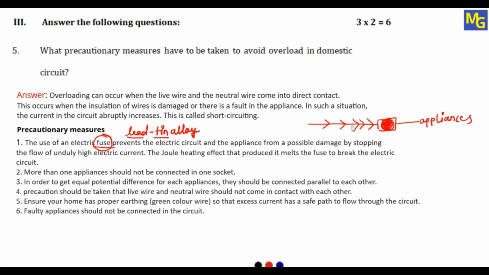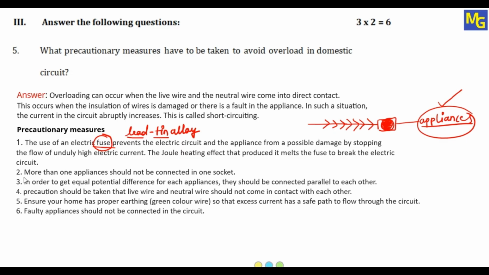So the high voltage current will not pass to these appliances, and all the appliances will remain safe. So this is the first precautionary measure.